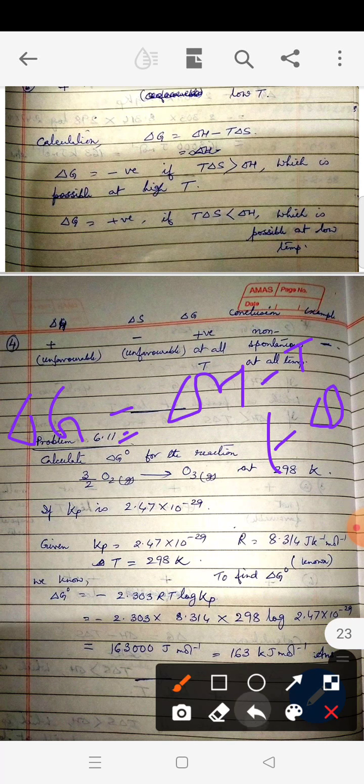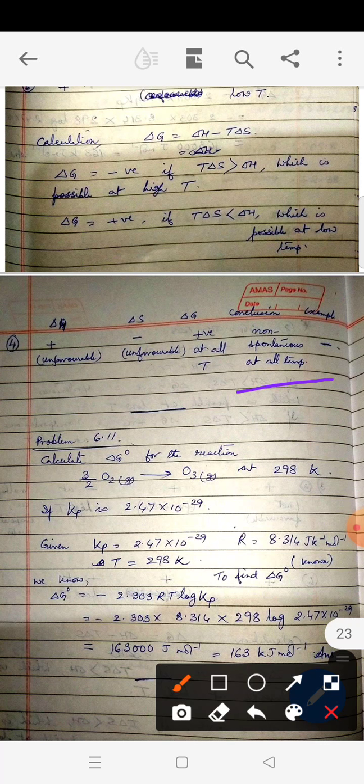That means such a process will never occur in nature on its own, and we call it a non-spontaneous process at all temperatures. Usually this table is never asked before, only in 2020 we found this question has been asked. So please try to understand this table. This is just by algebraic addition and subtraction.